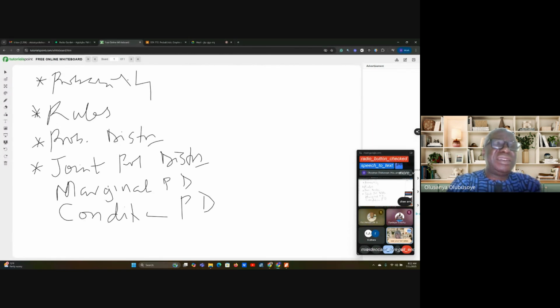So these concepts are very essential fundamentals in probability. And we are going to take it from the very basic perspective because of our linguistic colleagues.